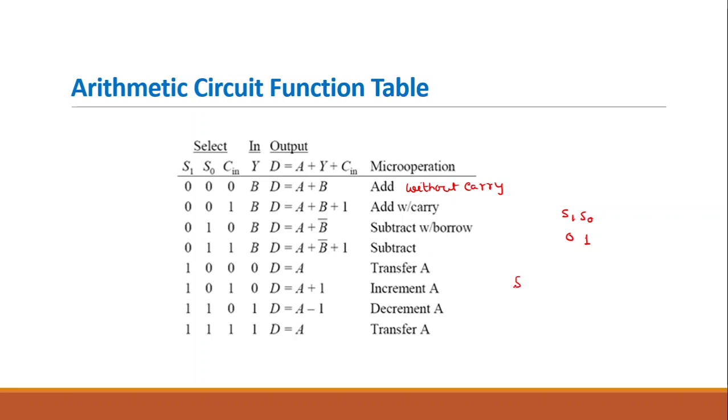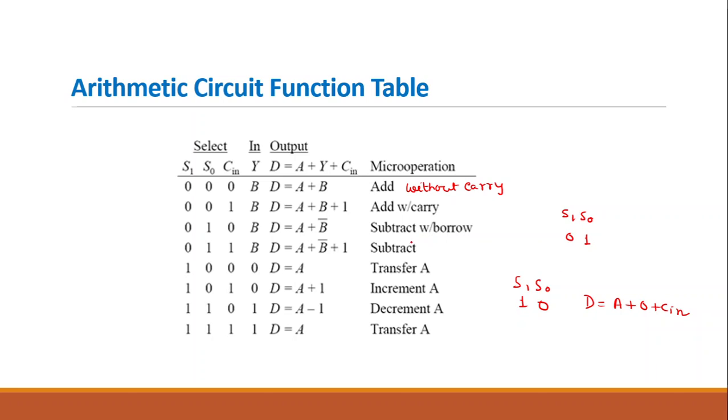Similarly, when S1 and S0 are 1, 0, the inputs from B are neglected and instead all zeros are inserted into the Y inputs. The output becomes D equal to A plus 0 plus Cin.